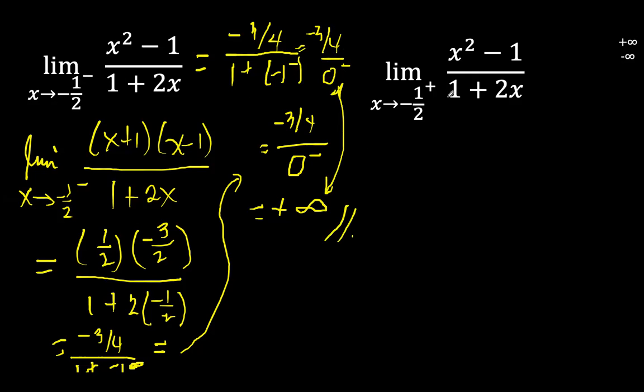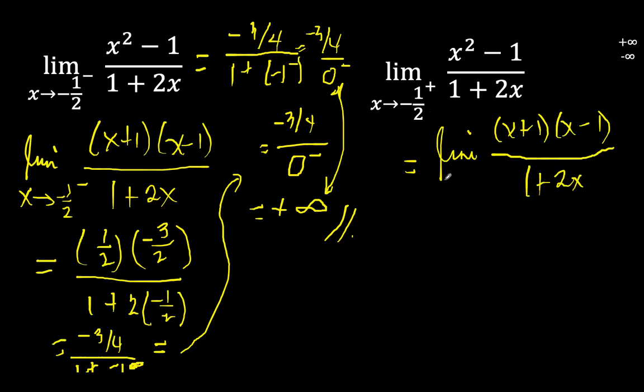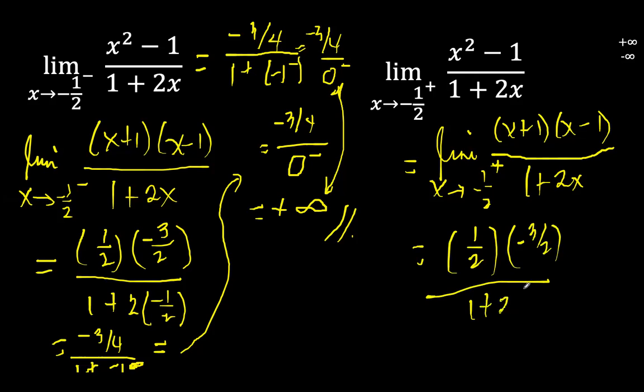All right. Now let's answer this limit as well, when x approaches negative 1/2 from the right. Again, what we need to do is to factor out x plus 1, so we can easily identify the behavior of the function per factor. Okay, 1 plus 2x as x approaches negative 1/2 from the right. Here we go, so let's substitute. If x is equal to negative 1/2, this is 1/2 times negative 1/2 minus 1, that's negative 3/2, over 1 plus 2 times x.